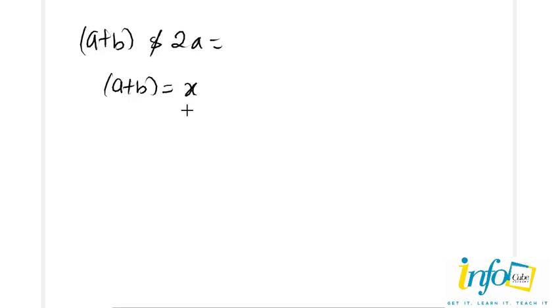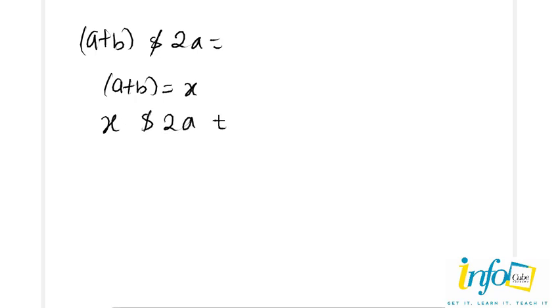Now what if you have a question in this form: a plus b and 2a? You want to find the LCM of a plus b and 2a. Now for this case, we are going to treat this a plus b as an identity. What I mean by an identity is I'll call a plus b a particular alphabet, let's say x. So in other words, you are now looking for the LCM of x and 2a.